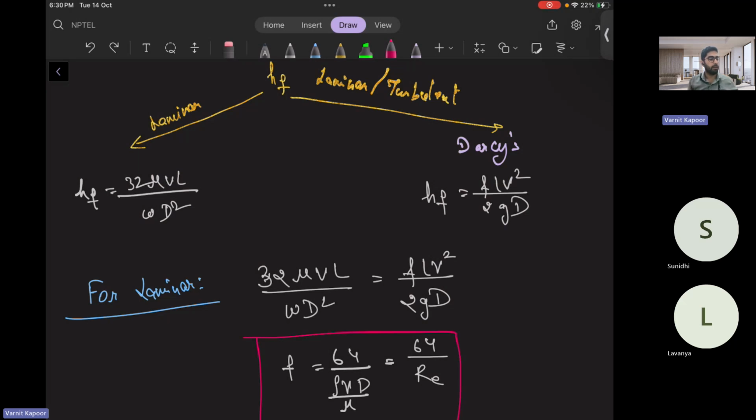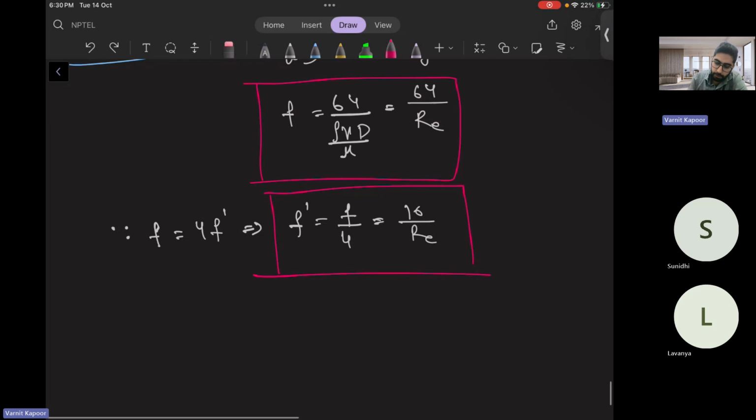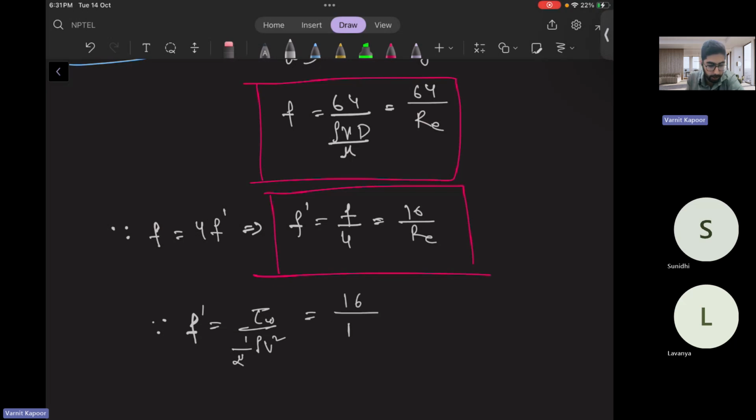Is it clear? Also, we know that the skin friction coefficient is nothing but tau wall by half rho V square, where V is mean V. And this is nothing but 16 by Reynolds number, that is rho Vd by mu from above.